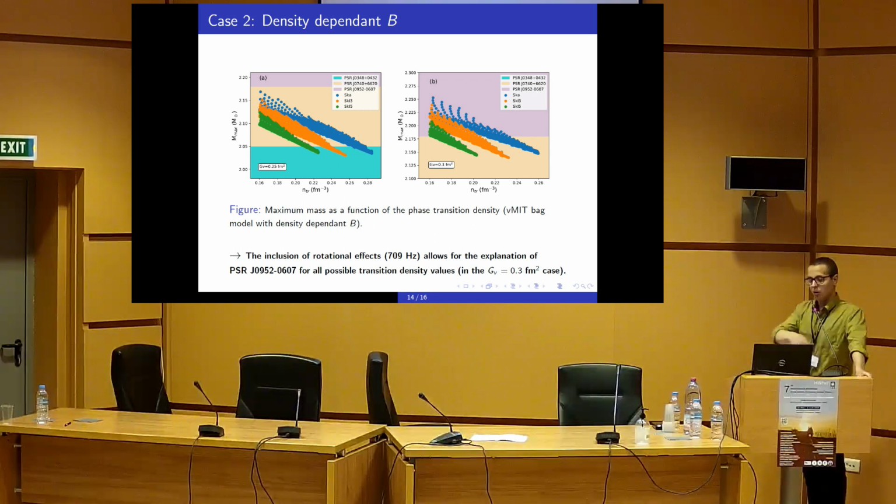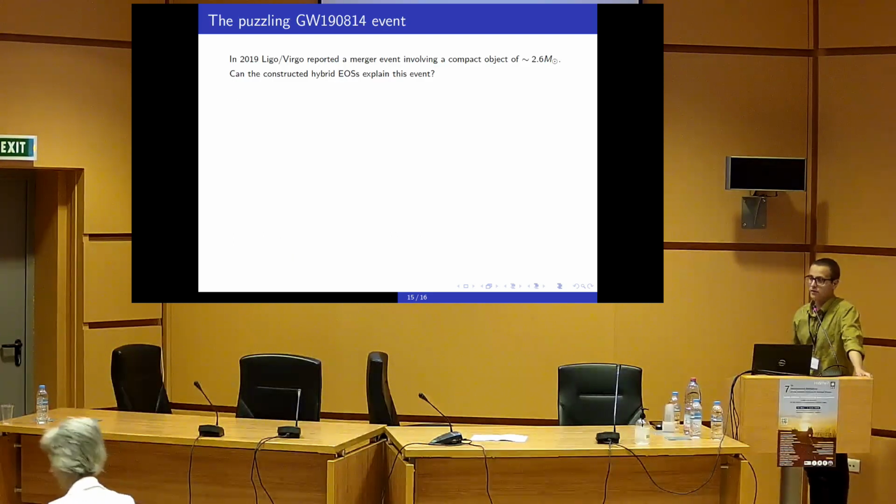So all of this data would be shifted into the interval of the purple contour if we include rotation in our calculations. And finally, there is a gravitational wave event which is very puzzling in terms of the phase transitions we're studying.